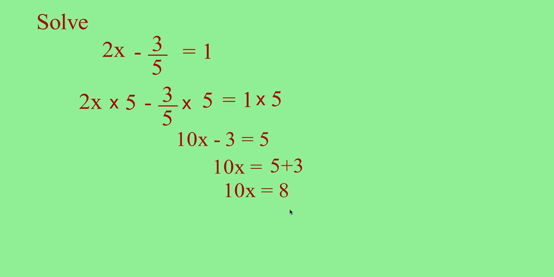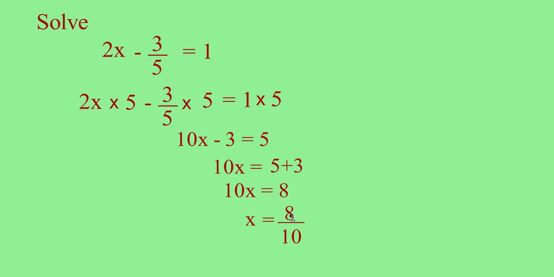Now transpose 10 to the other side. 10x means 10 into x. While transposing, it will become divided by 10. So the other side will be 8 divided by 10.